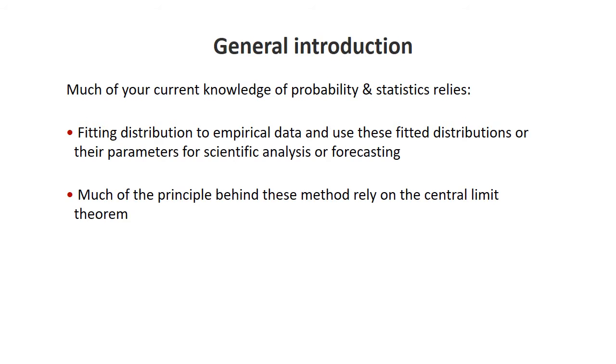So why do we need topics such as extreme value statistics in this particular course? Well, much of your current knowledge relies a lot on fitting of distributions, whether these are parametric distributions or non-parametric distributions. So we obtain some sample data. We can fit a normal distribution simply by calculating the arithmetic mean and calculating the empirical standard deviation, equating that to the population mean and population standard deviation, and we have a fitted distribution.